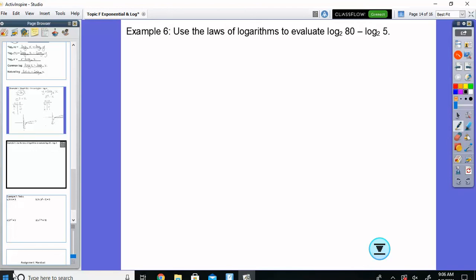Okay, if I were to use the laws of logarithms to combine this, I don't know log base 2 of 80. That's like saying 2 to what power equals 80. And I don't know log base 2 of 5. That means 2 to some power equals 5, and I don't know what that would be. But if those logs are subtracted, how could I put them together?